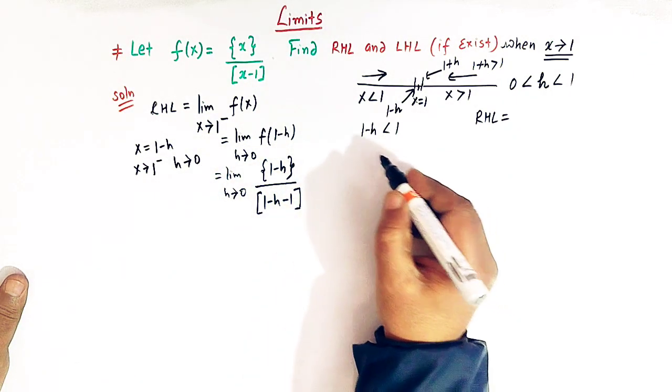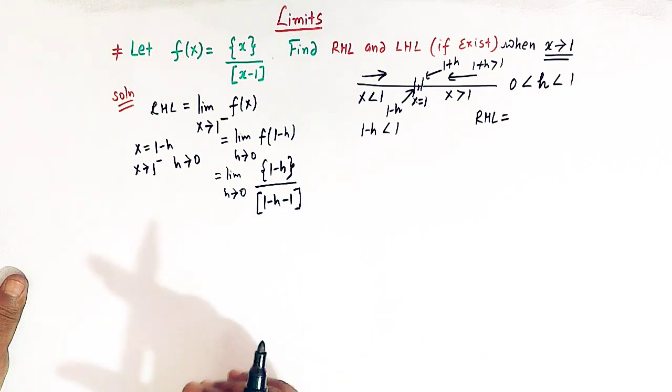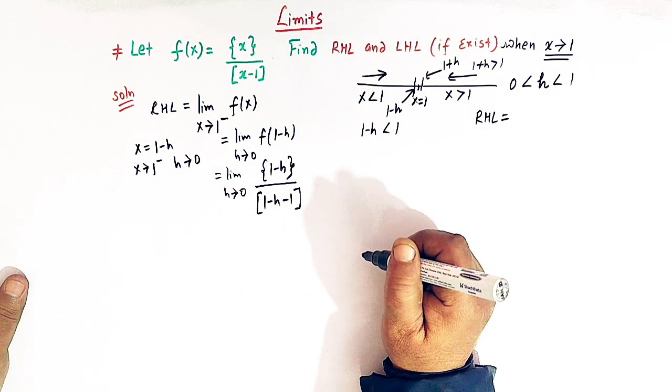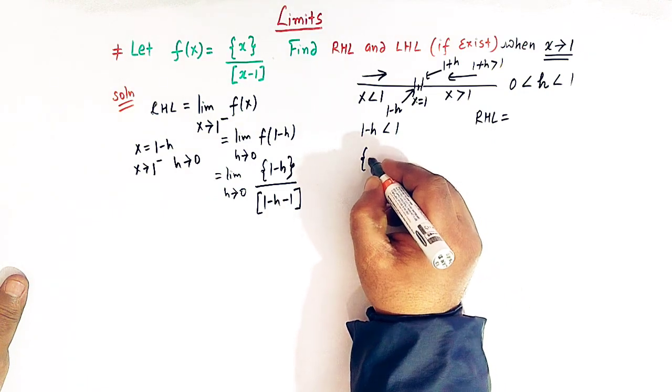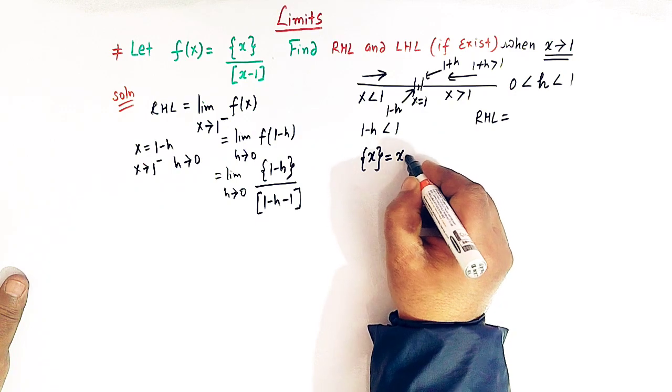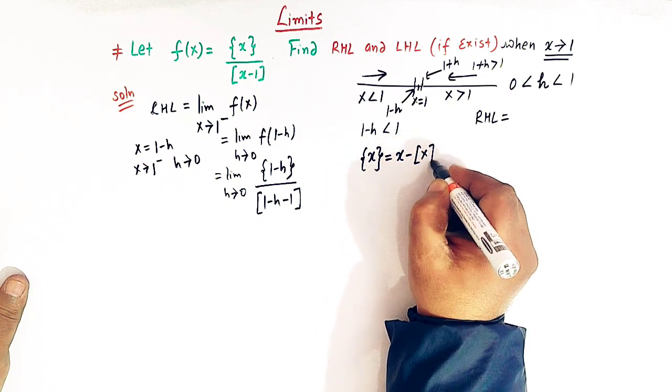Now we will make use of an important relation between fractional part function and greatest integer function. The fractional part function is defined as x minus greatest integer of x.